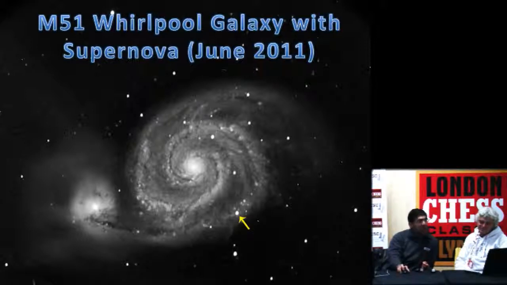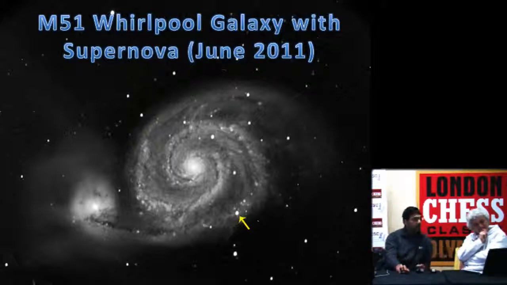So in effect, the death of this star will lead to the birth of many new solar systems and stars, which is why they're such fascinating objects to see. The other thing is that supernovae often shine as bright as their whole host galaxy. So that again is a very exciting object to get.